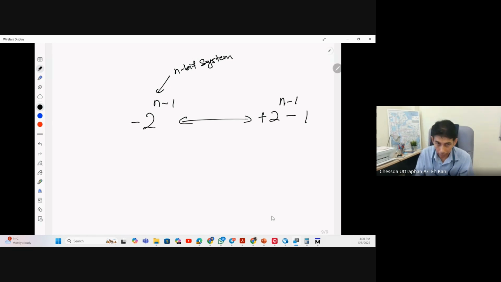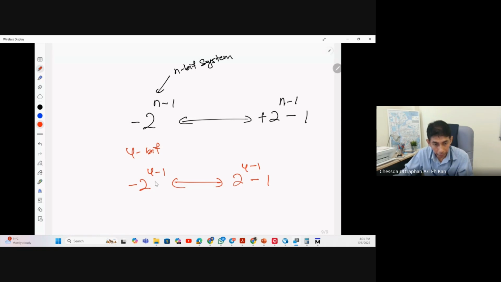Now take an example. If our system is 4-bit, just now, 4-bit, right? If you replace 4 for the n here, you will have minus 2 power of 4 minus 1 until 2 power of 4 minus 1, minus 1.